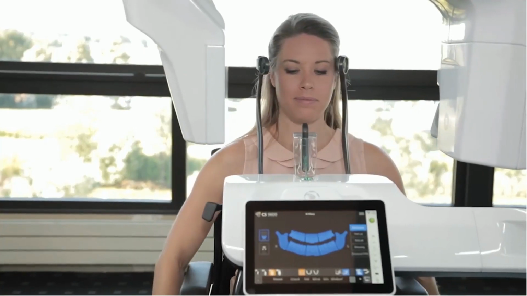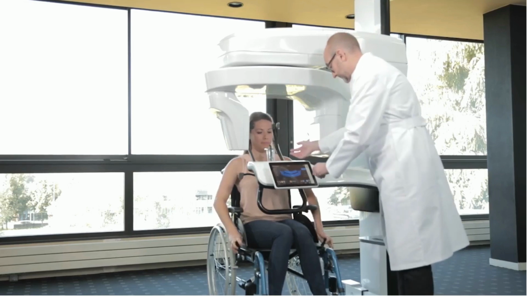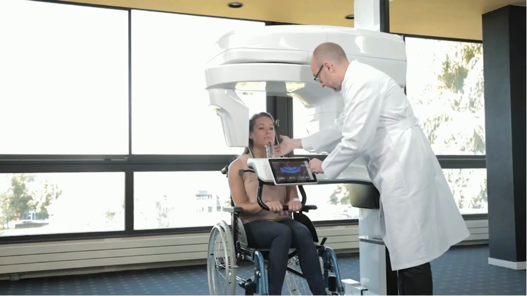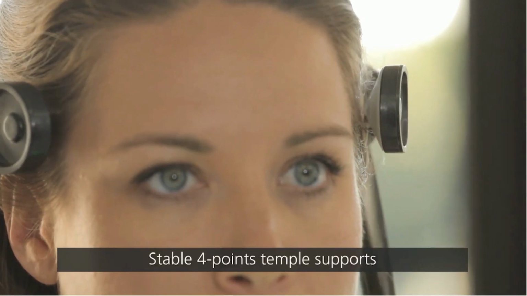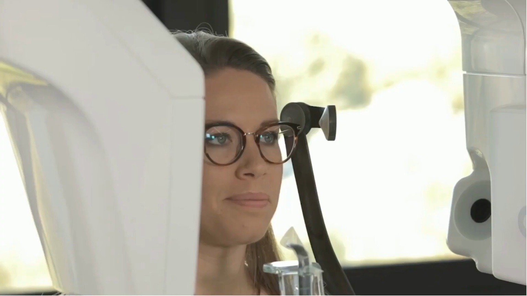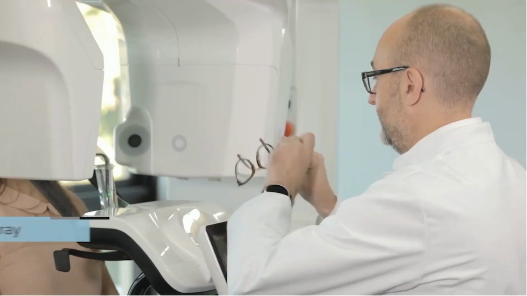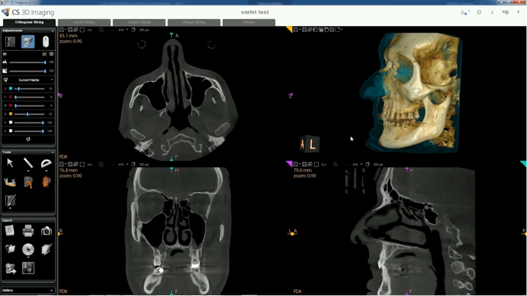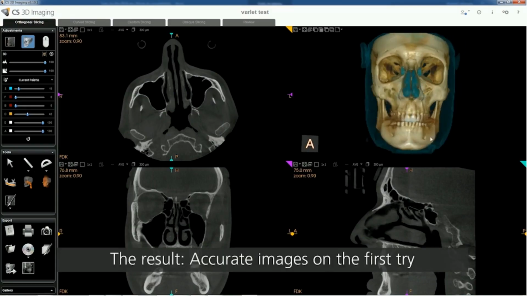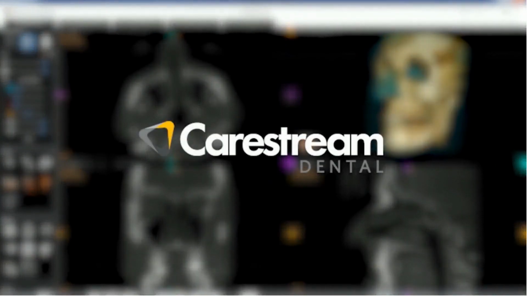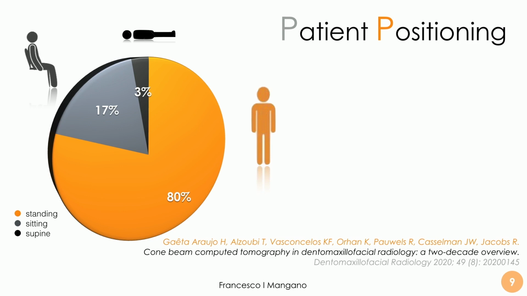And we have a lot of different options now with the modern CBCT. The patient can be standing but also sitting comfortably, and the devices are now much more accessible than in the past. And there is the possibility also to control very well the patient during the scan, the positioning, and to control if there is a movement during the scan. So this is very important and very beneficial for our treatment.